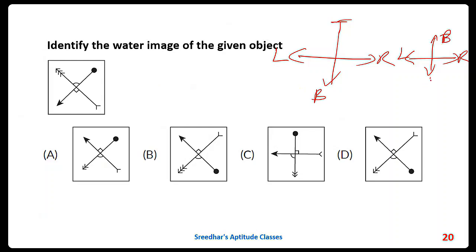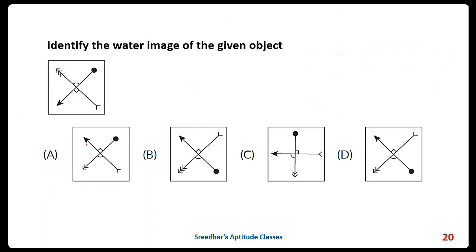Top becomes bottom, bottom becomes top. So here these arrows are on the top, so that should go to the bottom, but as this is on the right hand side, it should stay on the right hand side. So without any hesitation, I can eliminate A, because there are three arrow marks here, but there are only two in the first option. So A is eliminated, B, yes, true.